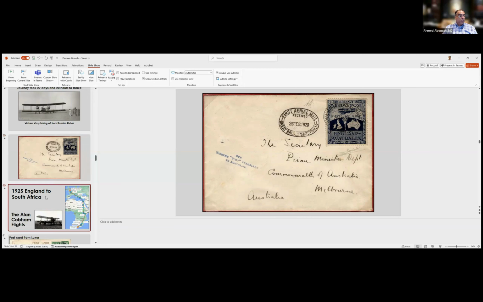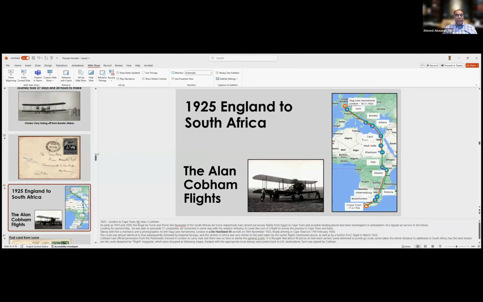The next pioneer flight was really Alan Cobham flying from England to Cape Town and exploring the prelude to the Imperial Airways route. And really the impetus here was that the mail was taking too long to get to South Africa.